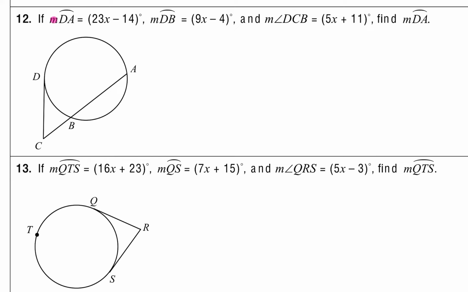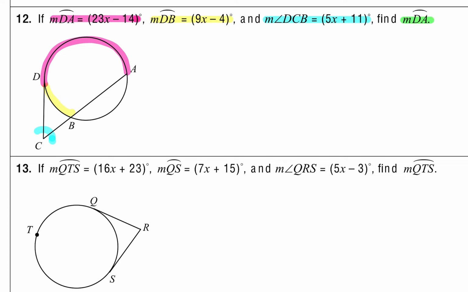So problem number 12 tells us that the measurement of arc DA is 23x minus 14 degrees. And then the measurement of arc DB is 9x minus 4 degrees. And the measurement of angle DCB is 5x plus 11.